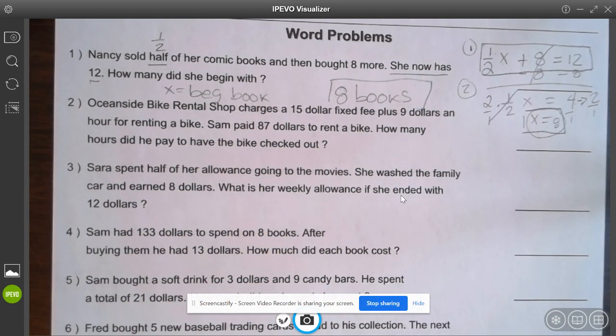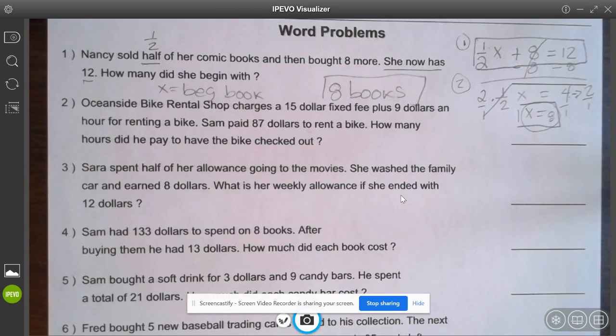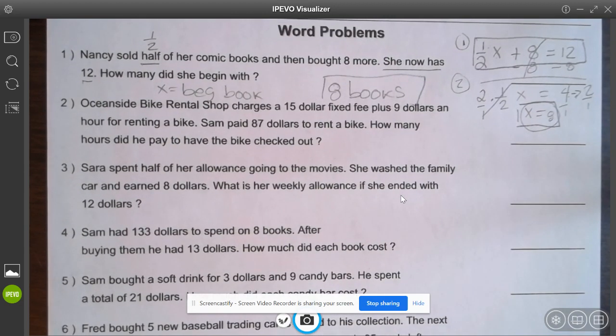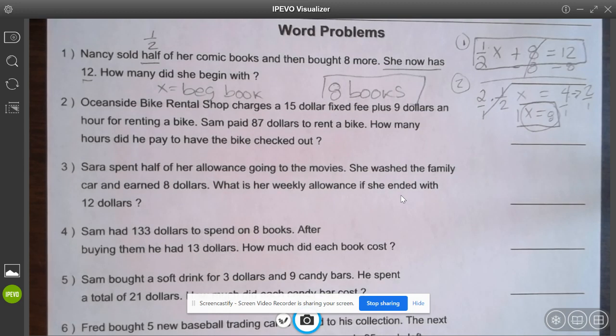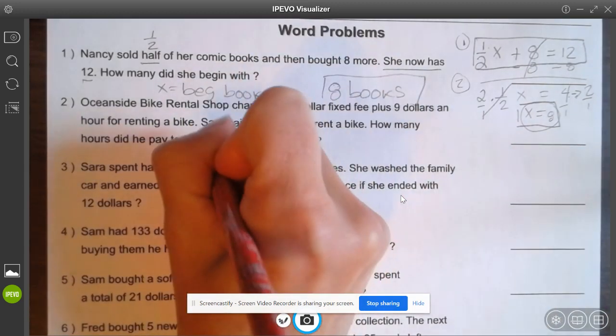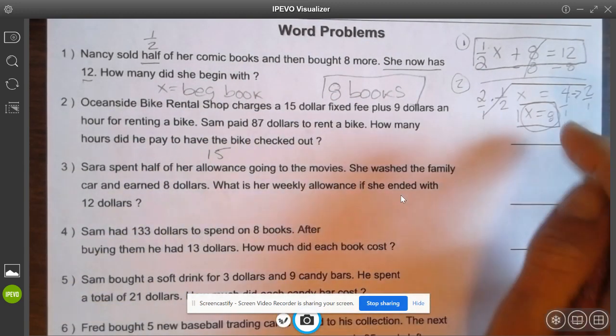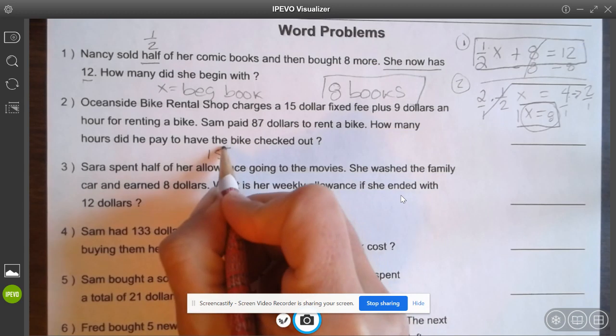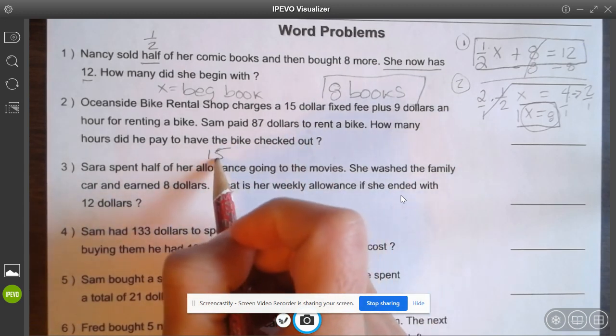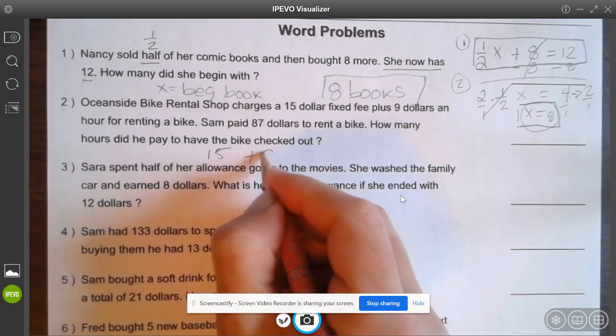Okay. So let's do Oceanside Bike. So number 2. Oceanside Bike Rental Shop charges $15 fixed fee. So they have to pay $15 no matter what, plus an additional $9 per hour for renting a bike. So we have a fee of 15 plus a fee of $9 per hour.